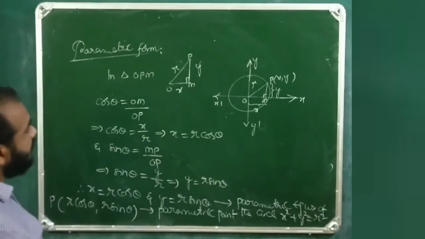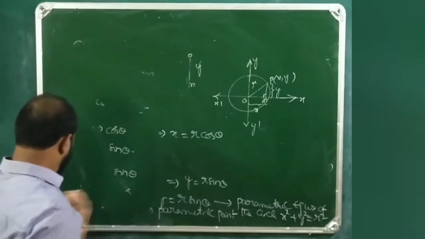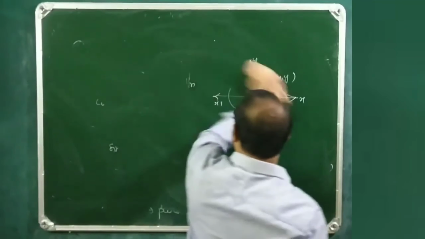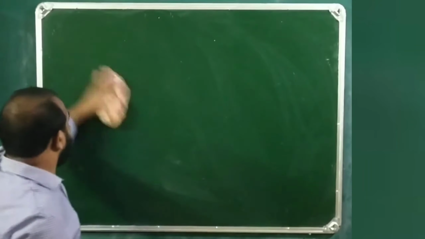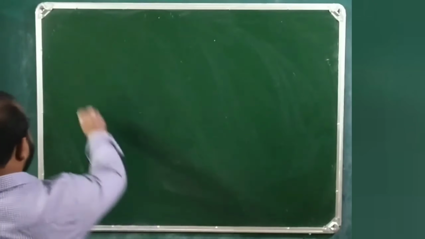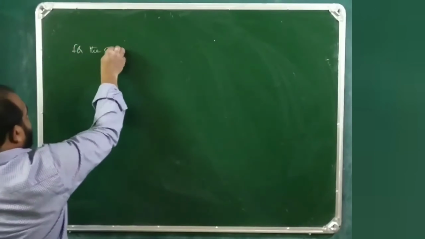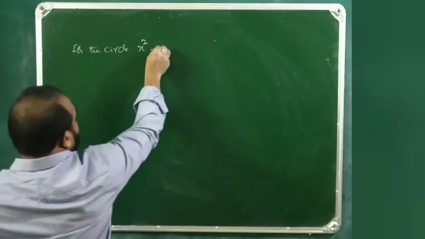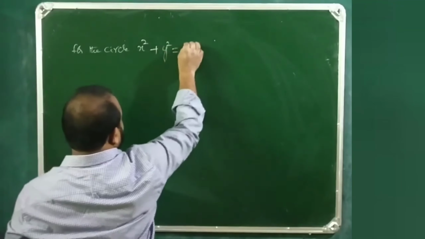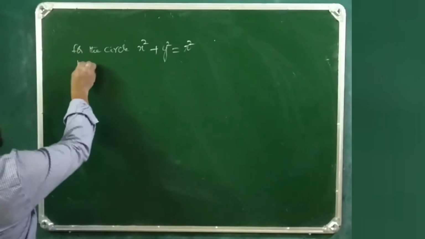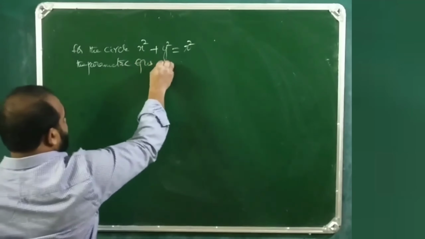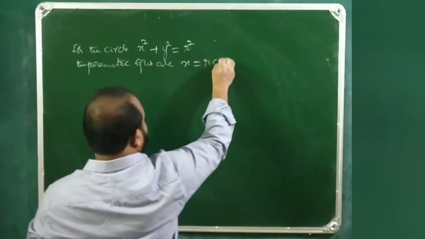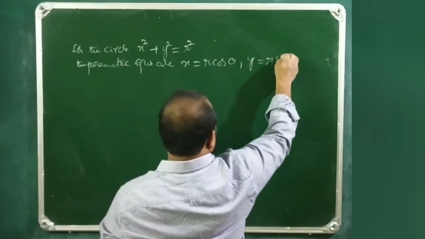So for the circle x square plus y square is equal to r square, the parametric equations are x equals r cos theta, y equals r sin theta.